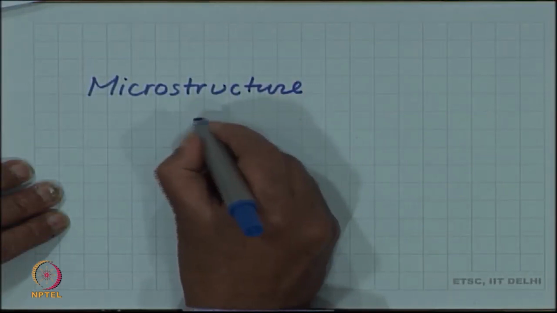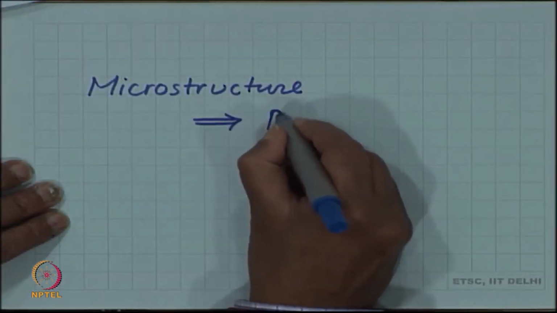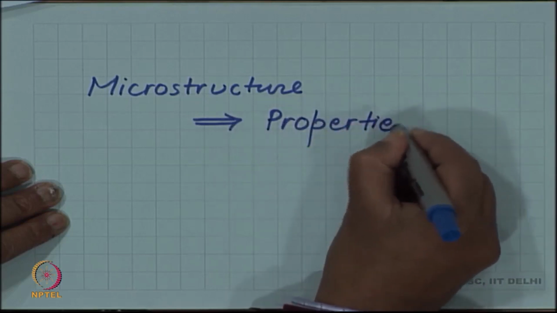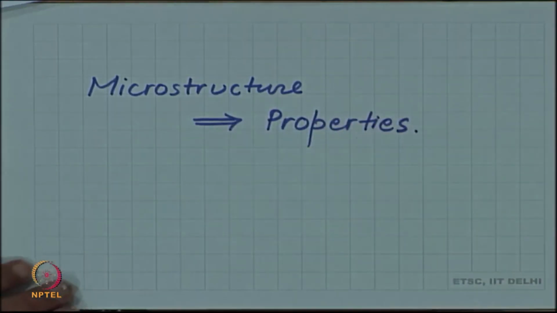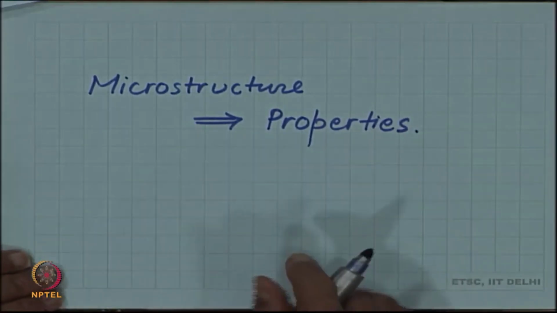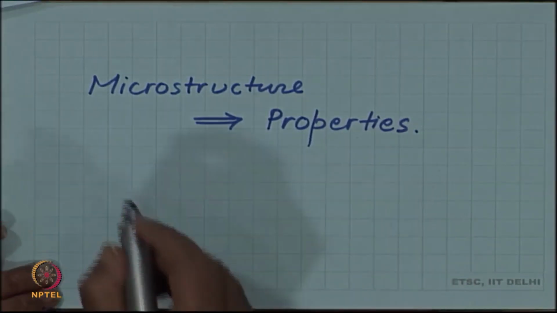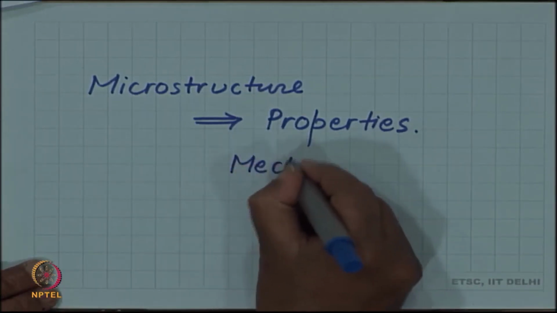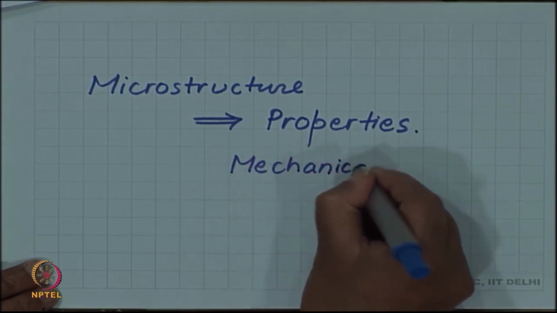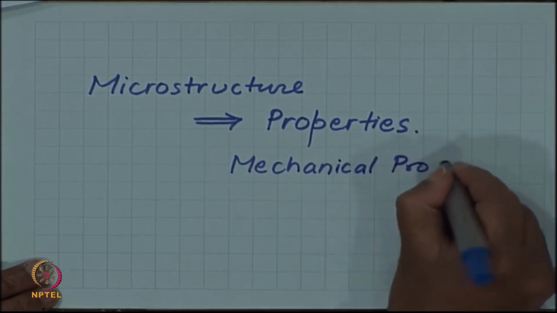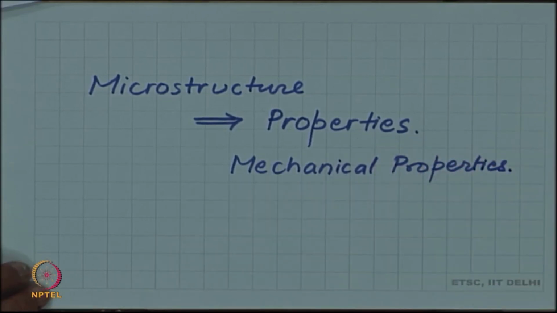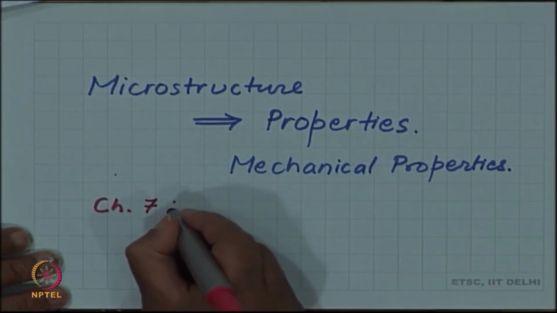It is the microstructure which determines properties. And for us, the important property in this course which we are going to talk about is the mechanical property. This topic will come in chapter 7 on mechanical behavior.